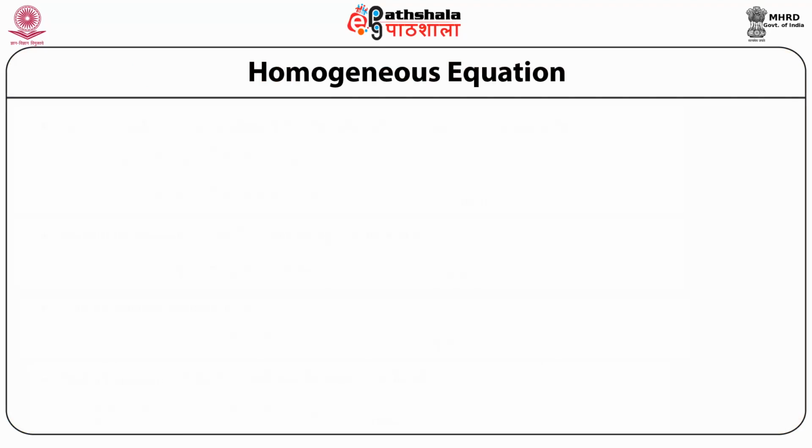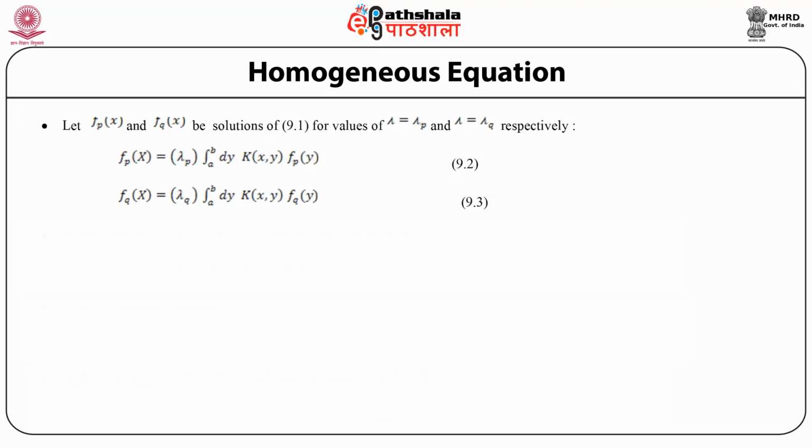Since we are considering a homogeneous integral equation with symmetric kernel, the equation is simply f of x is equal to lambda times the integral from a to b of k of x, y multiplied by f of y dy, where the kernel k is symmetric. So let f_p of x and f_q of x be solutions of this equation for the values of lambda equal to lambda_p and lambda_q respectively.